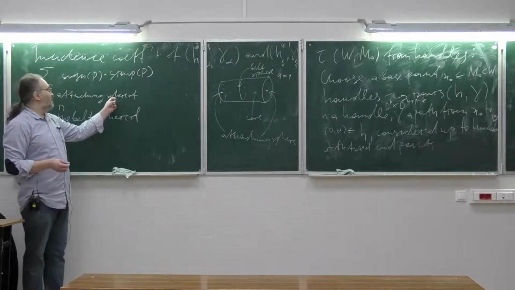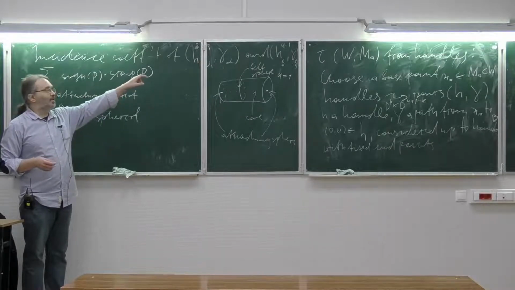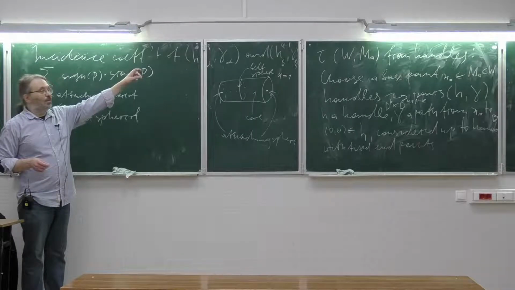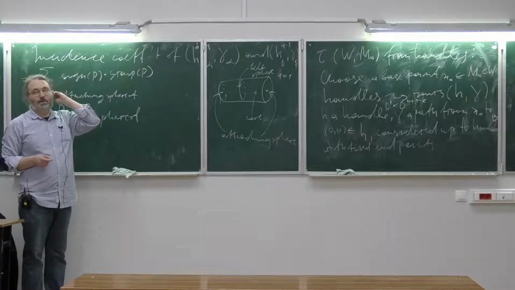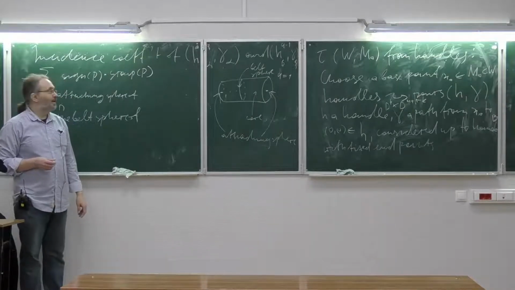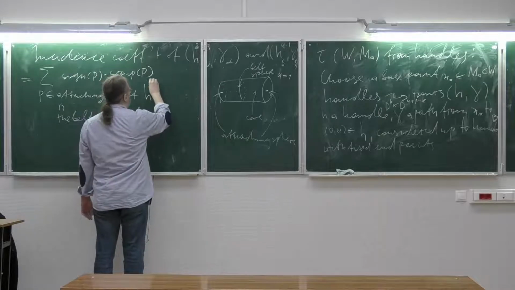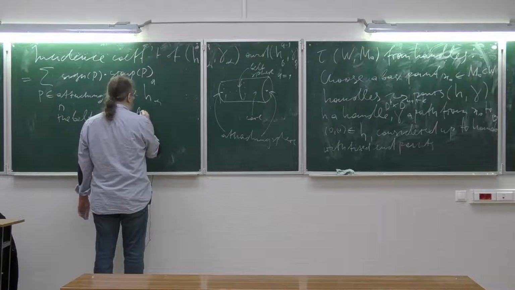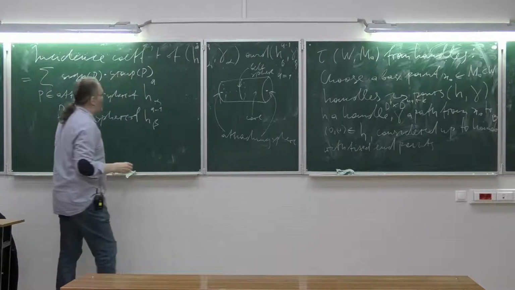So, is it the attaching sphere of the higher index handle or the lower index handle? Yes, H q alpha, and the belt sphere, and by exclusion H q minus 1 beta.